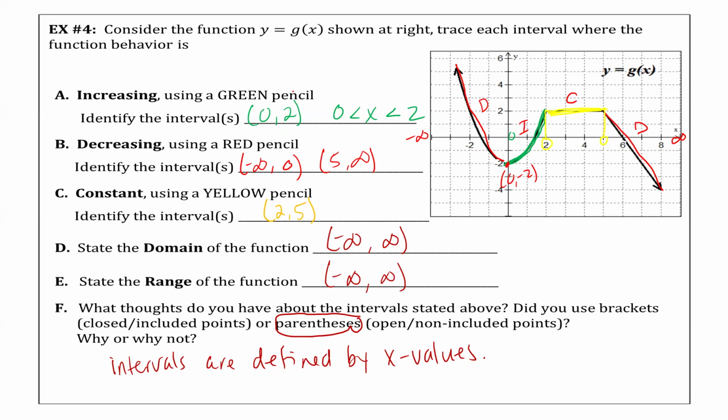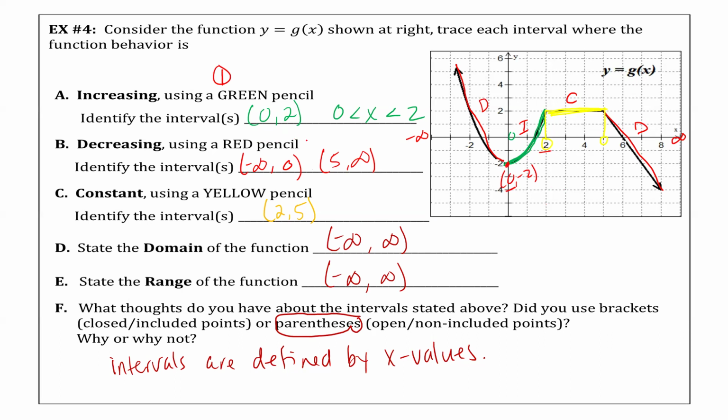So here, increasing. How many intervals of increase do I have? One. So I'm only going to write down that one interval of increase. When I'm writing down the interval of increase, again, which value am I only looking at? I know, but what value am I looking at? The x, only using your x values, okay? So for my green, it starts at 0 and it ends at 2.